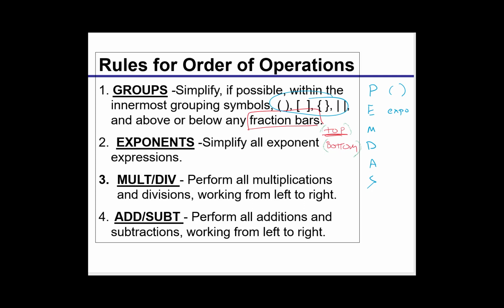Second problem with PEMDAS is some people may look at it and think there's 6 steps to the order, and there are not 6 steps. There's only 4 steps. This is the first step, second step, and multiply and divide together are the third step, and add and subtract together are the fourth step.